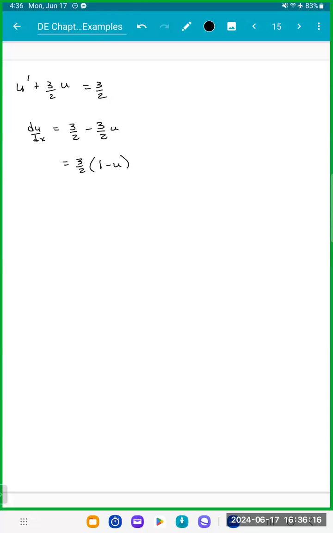Okay, now let's get our u's on one side and our x's and constants on the other. So this would be du over (1 minus u) is equal to 3/2 dx.